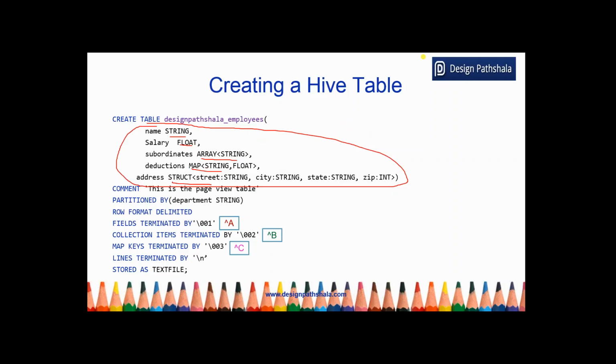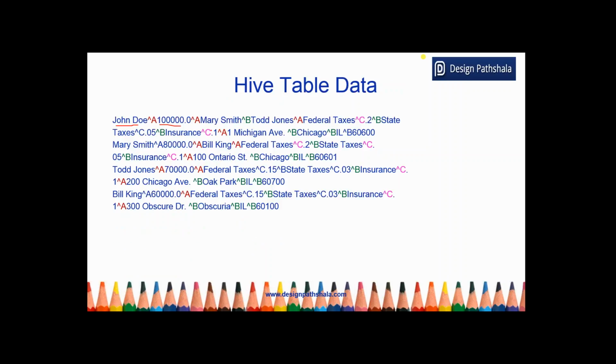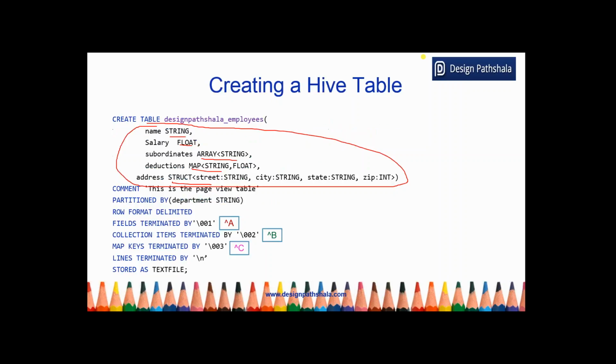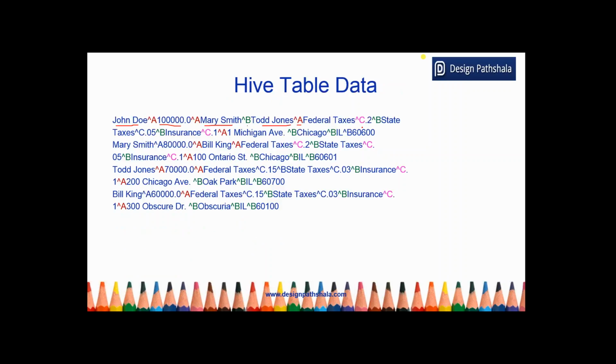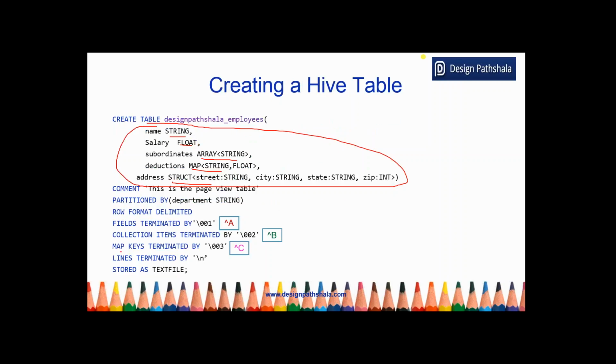Subordinates is an array, and collections are terminated by control B. So if there is more than one value in this array, those will be separated by control B. Mary Smith and Todd Jones are the subordinates of this person, so both of them are separated by control B, and a new column starting is separated by control A. And similarly for the map, map keys and values are separated by control C as I have defined over here.